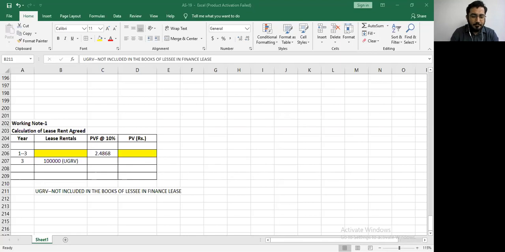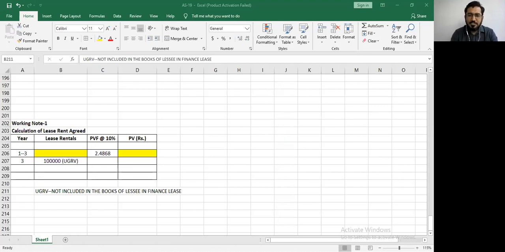No. Means this is not a working to calculate MLP. This is a working to find out lease rent agreed. And when I'm finding out lease rent agreed, I can use unguaranteed residual value. When I calculate present value of MLP, I need not take the unguaranteed residual value. I will only take the guaranteed residual value.